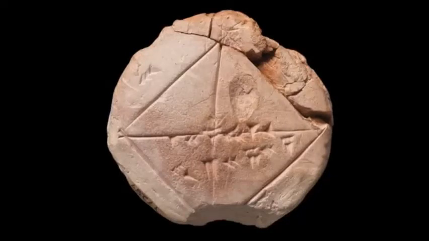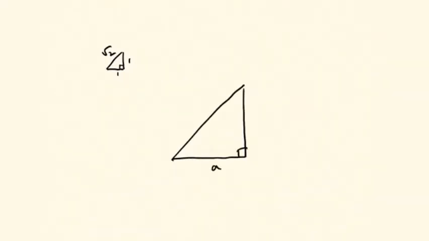Now what's this got to do with the Theorem of Pythagoras? Well, let's go back to the unit square and its diagonal, which is the square root of 2, which we've demonstrated by that method. This is what's called an isosceles triangle, where the shorter side lengths are equal, in this case to 1. I can draw another isosceles triangle, which could be much bigger or much smaller, with common side length a.